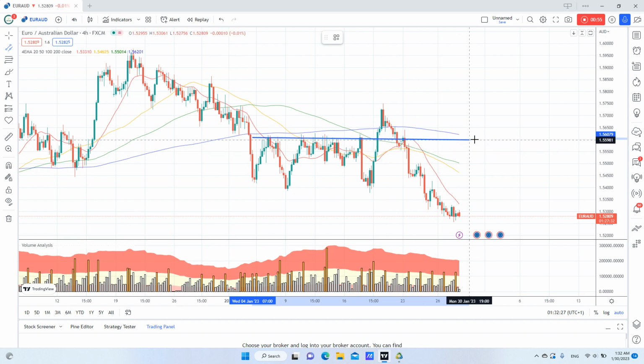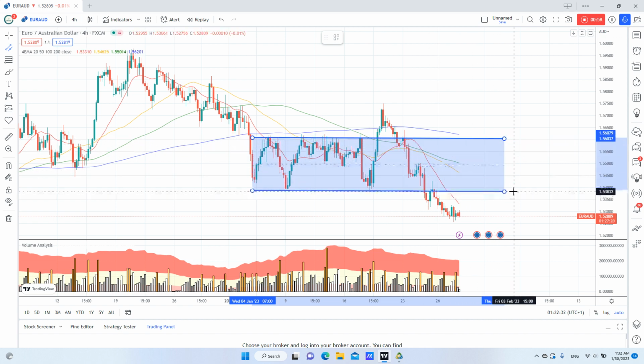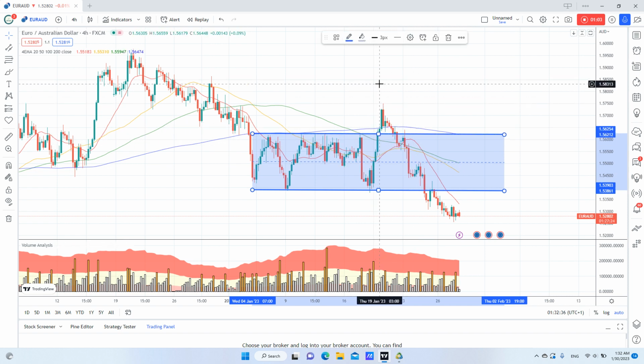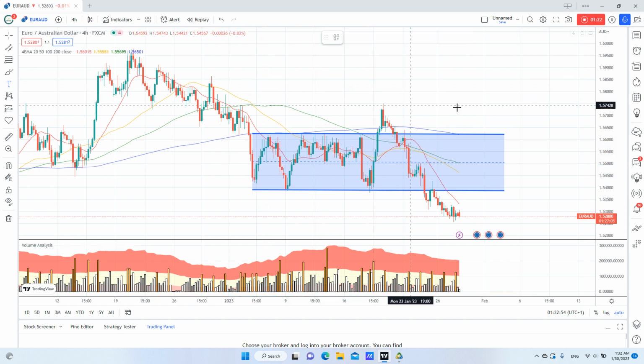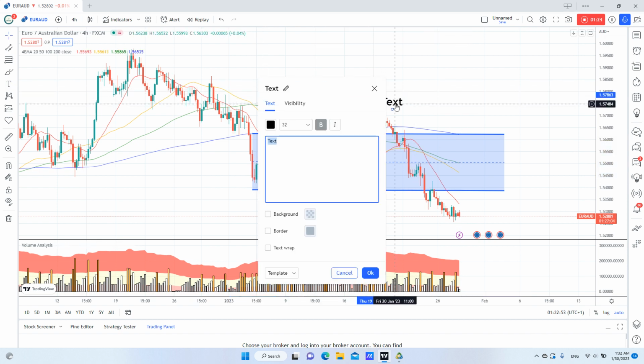If you look here we have a channel, and then it went up, which is the upthrust after distribution, and we can write it here.